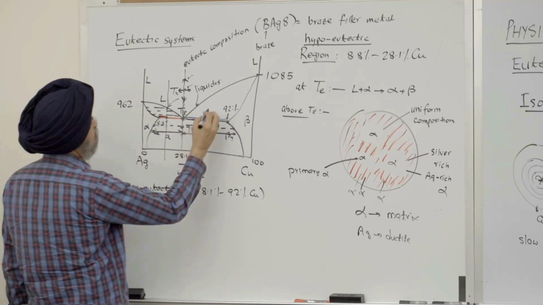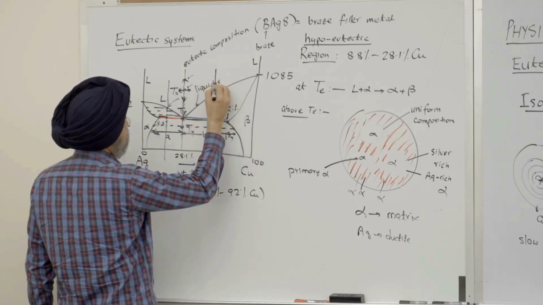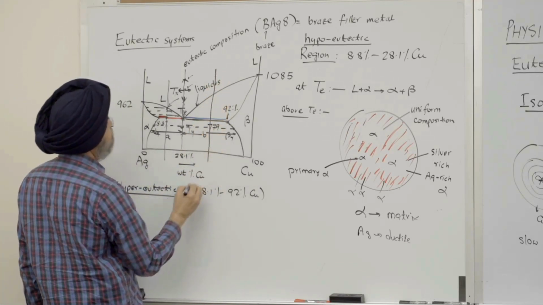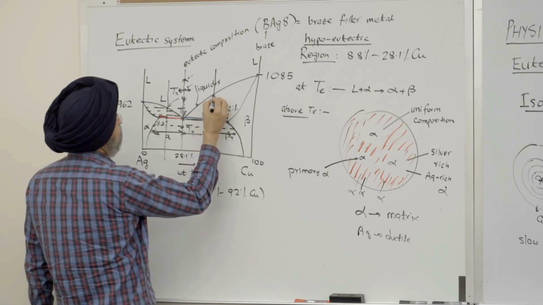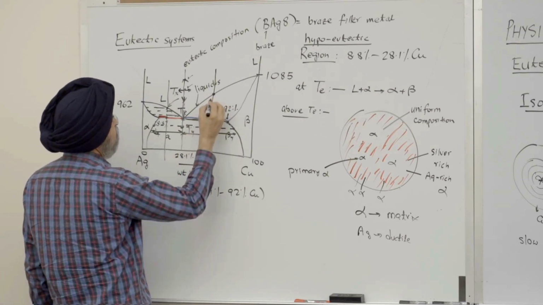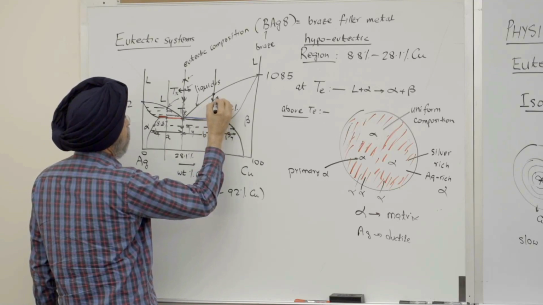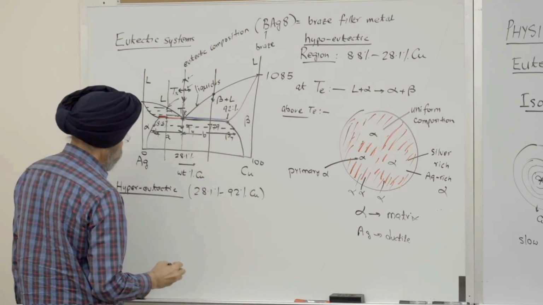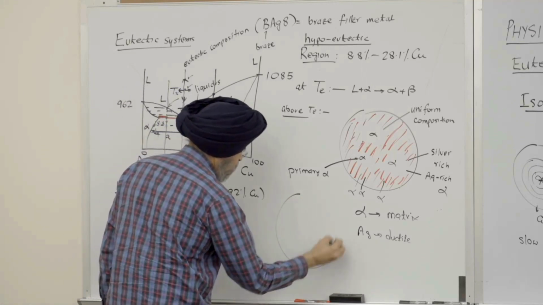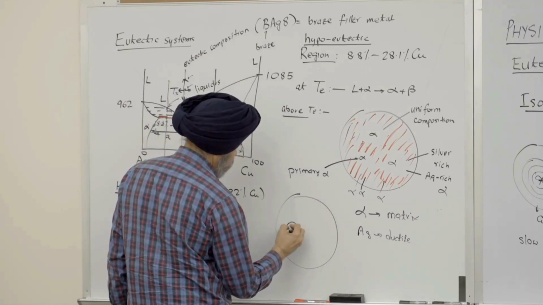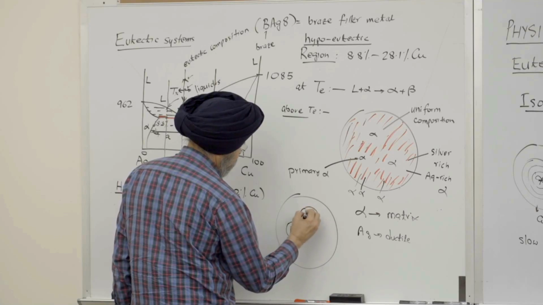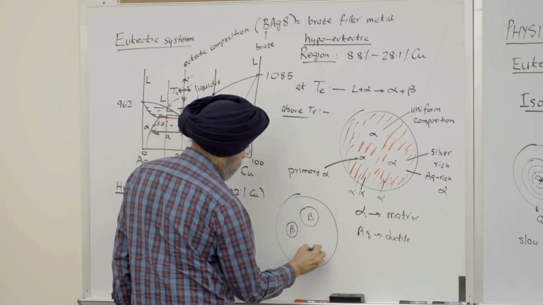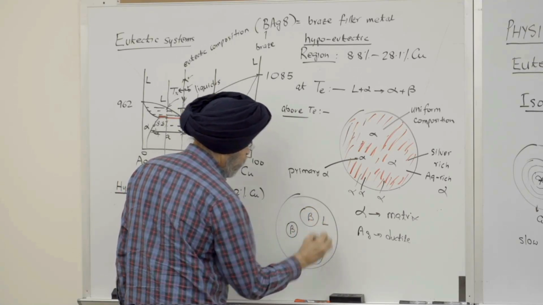So if we were to pick this composition, once we get beyond this point and we cool down here, we get beta plus liquid. So if I were to draw a microstructure, beta particles are coming out, and here we have liquid.